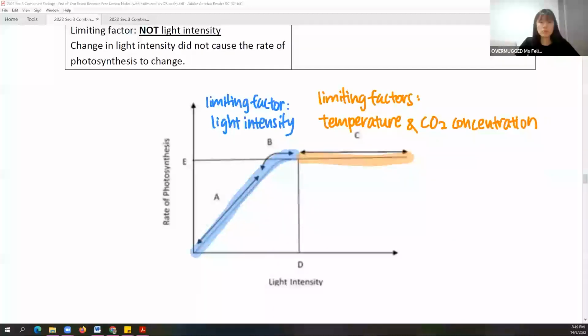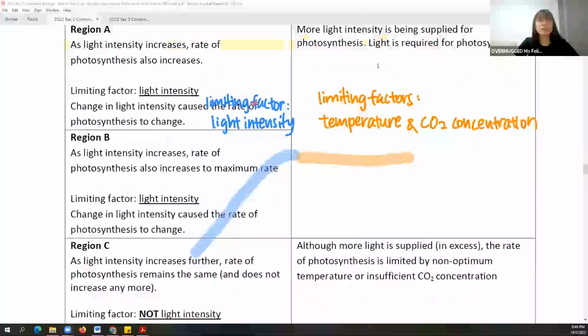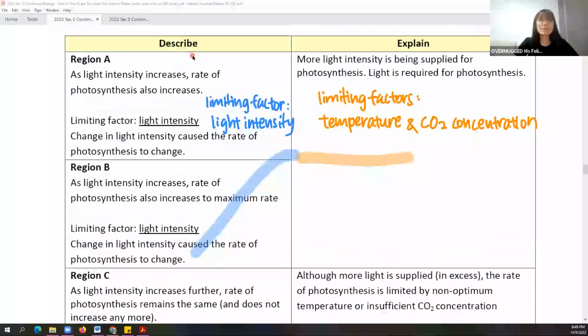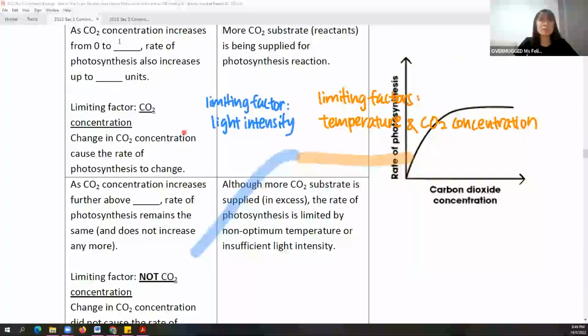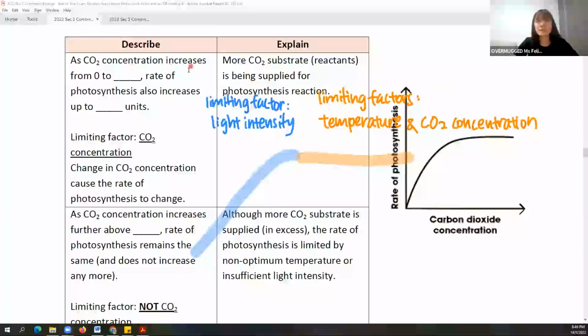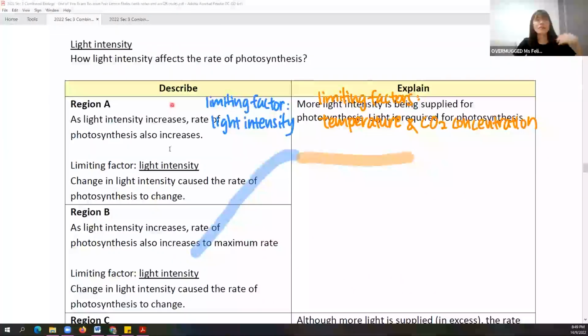So mainly that's about it. Next, you need to know the explanation. Whenever it's describe, it is very easy, because describe is just stating the relationship: as something increases, the other thing also increases, which is the same as the previous page on carbon dioxide. It's just describing what you see in the graph.